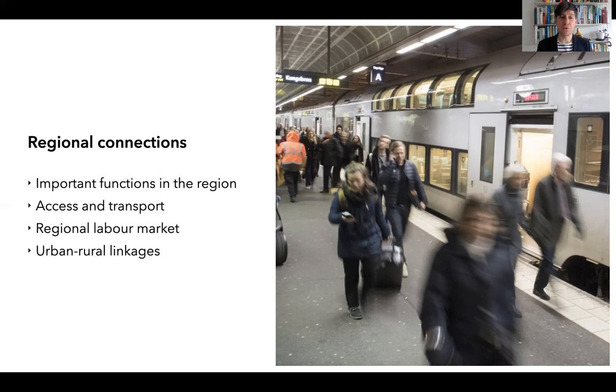If you look at the regional connections, you will see that there might be important functions for the city that are not located in the city, but in the region. It might be about access and transport, so access to other resources or access to the city itself.